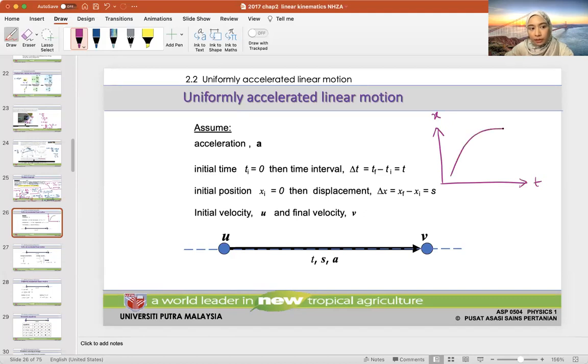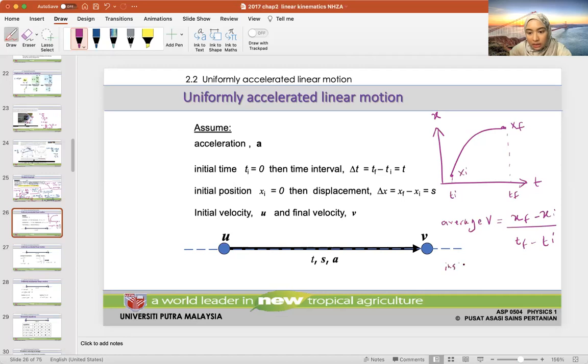If I want to find the average velocity, I need to know what is the x final and the x initial. And then this is t final and this is t initial. So average velocity is x final minus x initial over t final minus t initial.